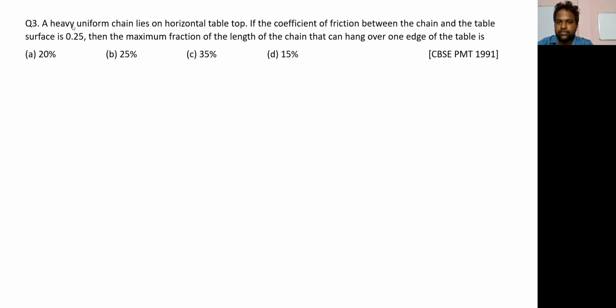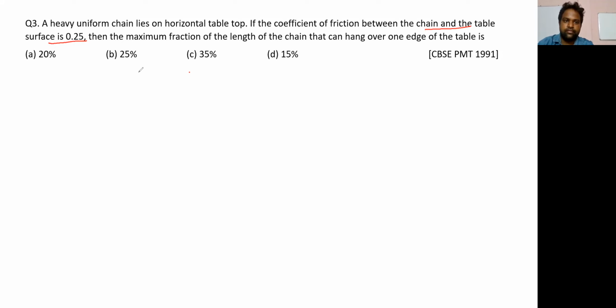If the coefficient of friction between the chain and the table is 0.25, then the maximum fraction of length of the chain that can hang over the edge of the table is? Okay. So let me analyze the question first.